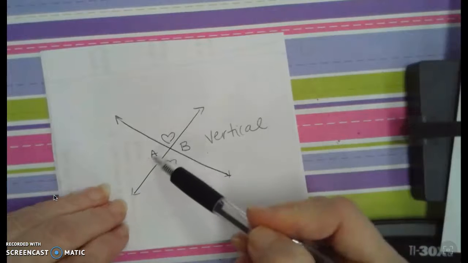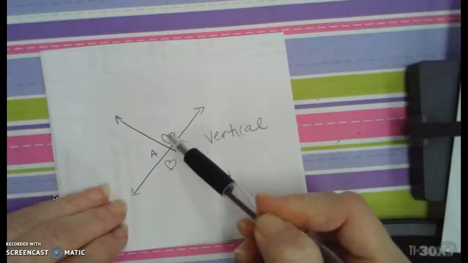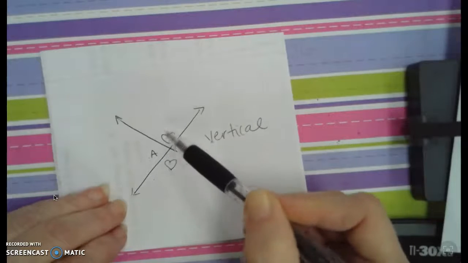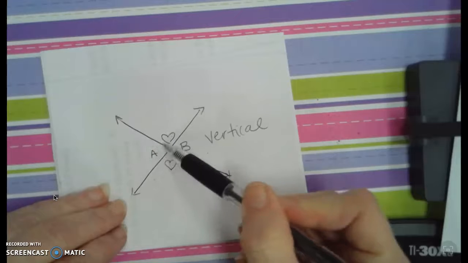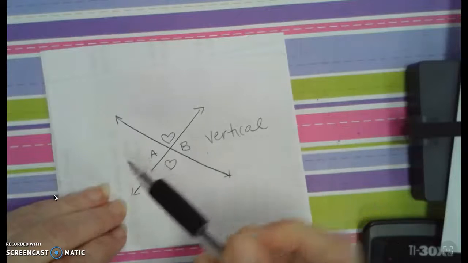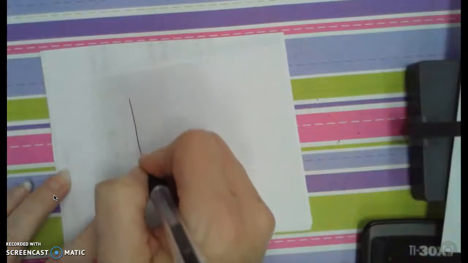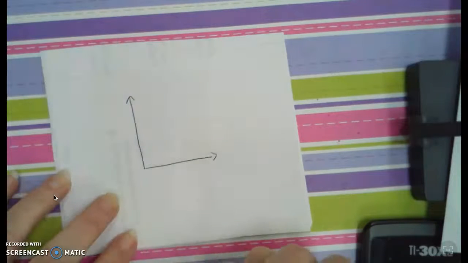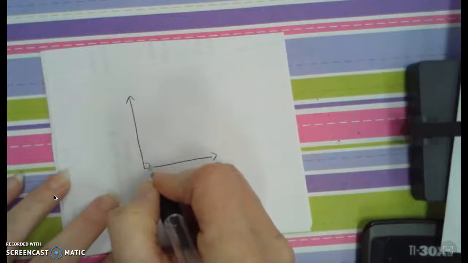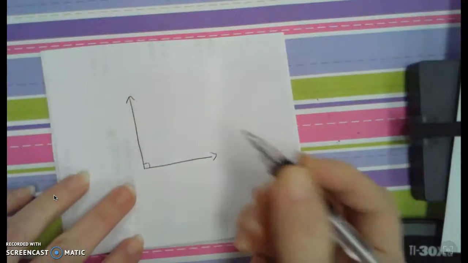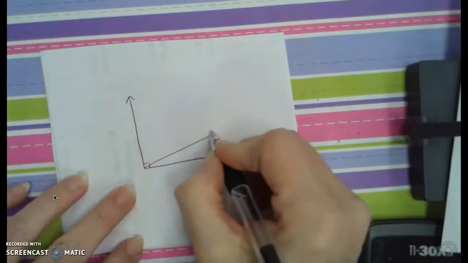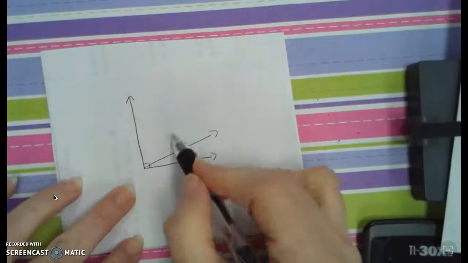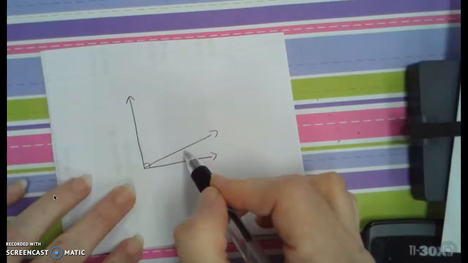Now, these two angles that are side by side are called adjacent. Adjacent just means that they share a side. So adjacent is just side by side. Now we go back to what we were just talking about, and I hope we remember that this is a right angle. I'm going to put a little box, and that lets us know for sure that it's a right angle. Now, if I make another angle, remember these two angles are adjacent because they're side by side.